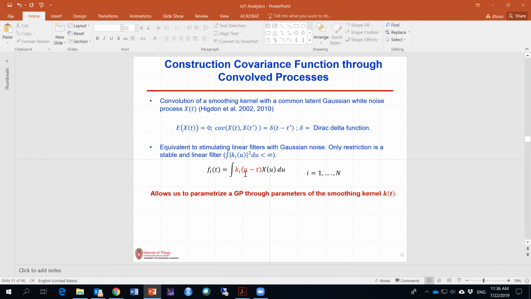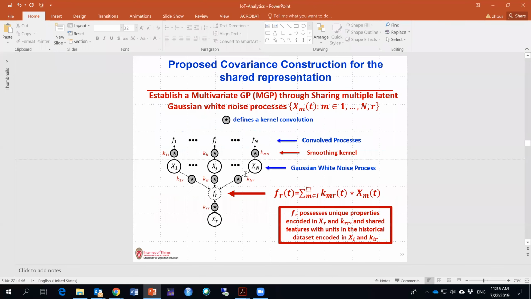But why do we want to use this way? We can use this convolution construction to construct the multivariate Gaussian process. First, F1 to Fn correspond to the historical degradation signals. Each one is constructed by white noise passing through an individual kernel.